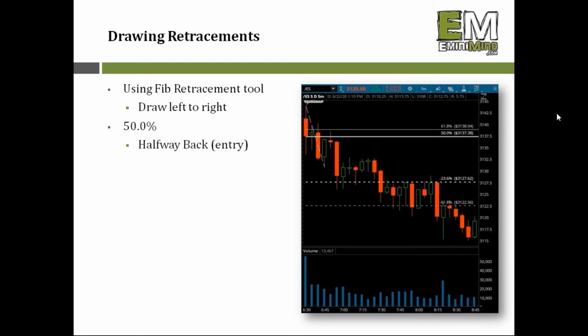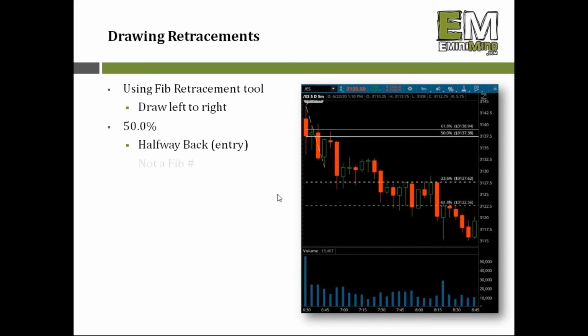And this is something that was derived from the pit traders, who would look at the first hour's range in the S&P pit, and they just take the low for the morning and the high for the morning, and after that first hour had occurred, they take the low and the high, they divide it by 2, and they would look at that point, that 50% pullback, as an opportunity to get into the trend.